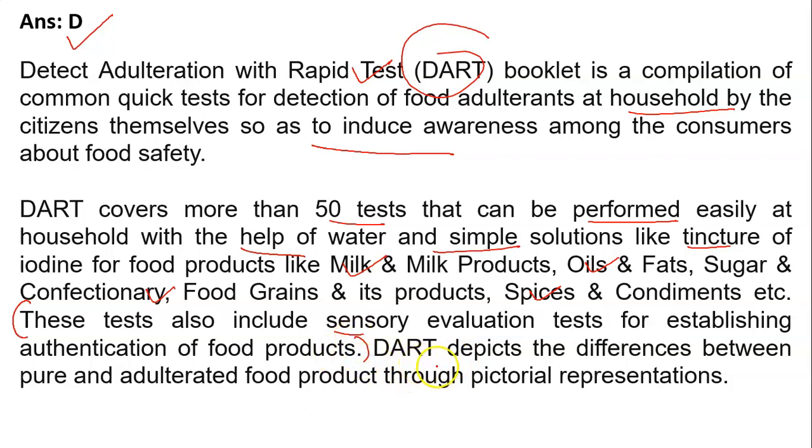And this DART depicts the difference between pure and adulterated food products through pictorial representation. If you want to see this book, you can Google it and see how useful it is for finding adulteration in food at the household.